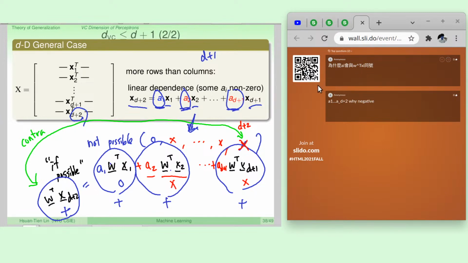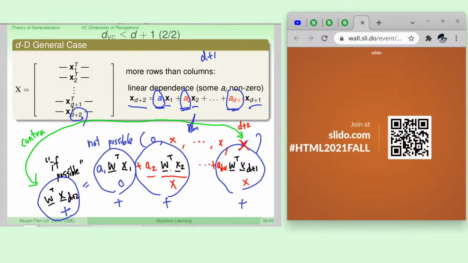That's our assumption by the possibility. If you say it's possible, you must be able to find a W such that this W achieves this. So we assume the existence of this W and then prove by contradiction. And why is that negative? We answered that, so we resolved all the questions here.